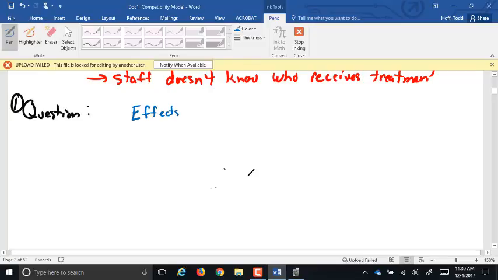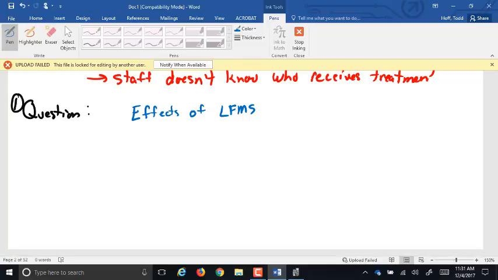They're asking what are the effects of, well, we're still looking at the depression study. So look at what are the effects of the low field magnetic stimulation on what?